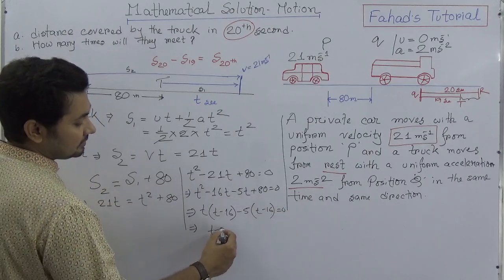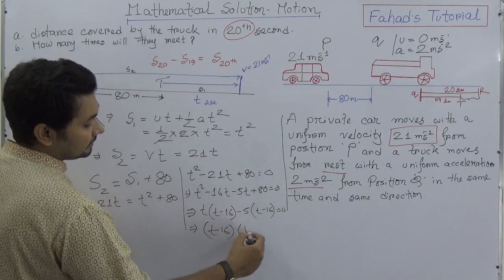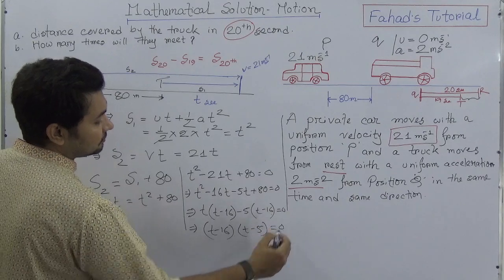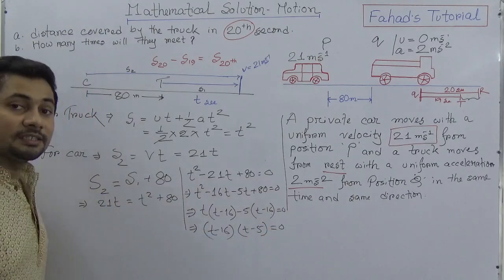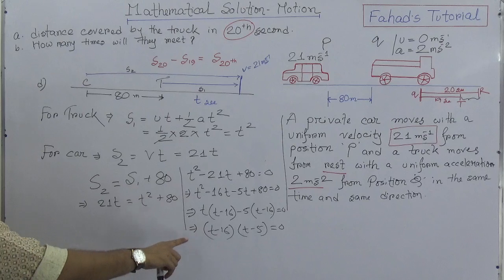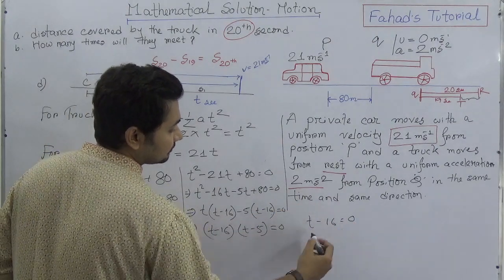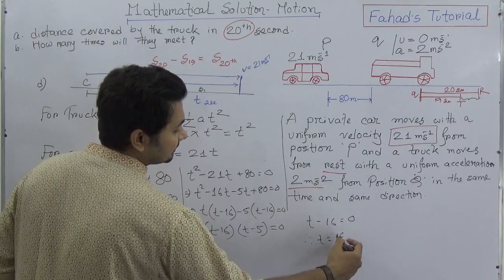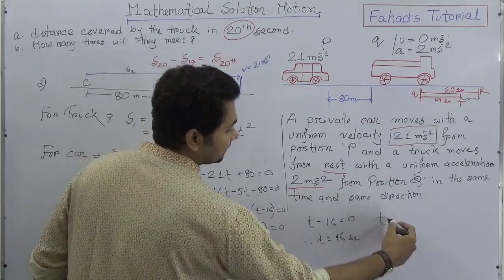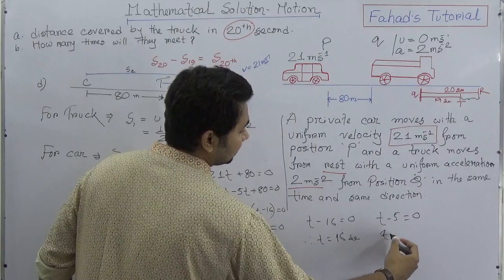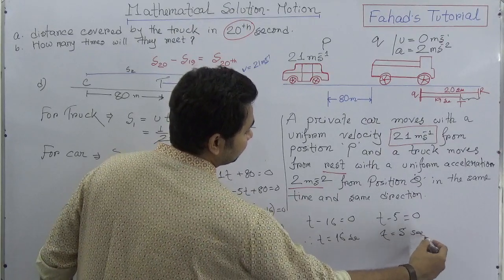So t minus 16 and t minus 5 is 0. We are getting two values of t from this equation. t minus 16 is 0, so the time is 16 seconds. In the other way, t minus 5 is 0, so t is 5 seconds.